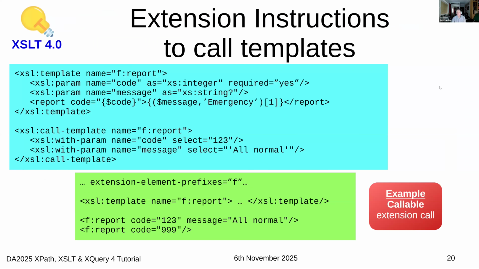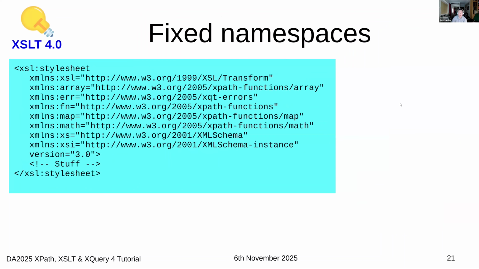Right, where are we? Okay, we're all used to having this entire menagerie of repeated namespace bindings at the top of the style sheet, and forgetting them, or having to copy and paste them from somewhere else, or relying on your IDE.